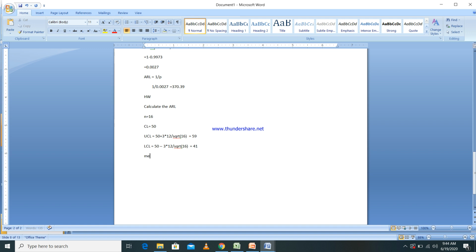When the mean value is equal to, let's say, 56, you will find the ARL value is equal to 43.8. Right? That is on average, you have to at least take 44 samples in order to detect an out of control signal from the control chart. Right? So you can see your average run length has changed with the mean value. It's depending on the mean, but it's not depending on the sample size. So that is something very important you have to remember.